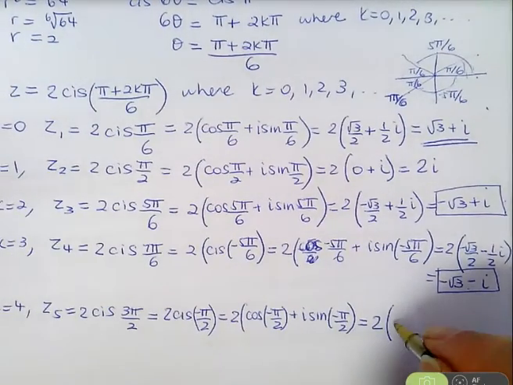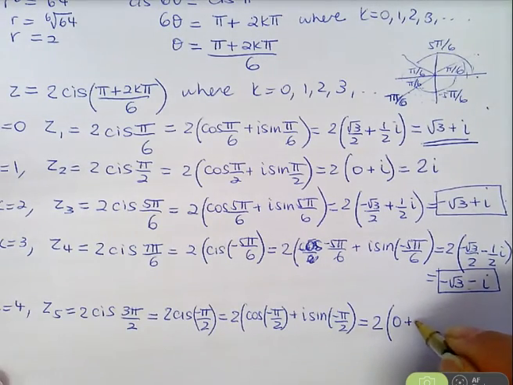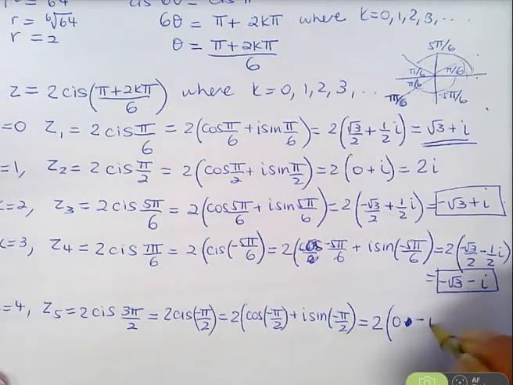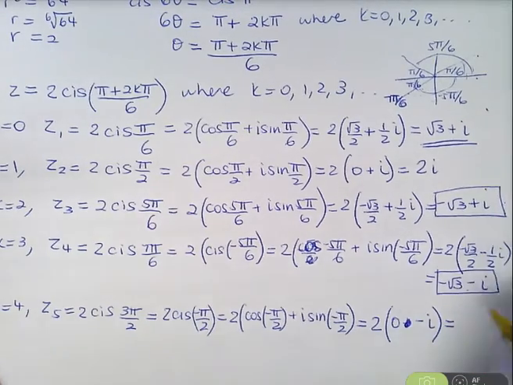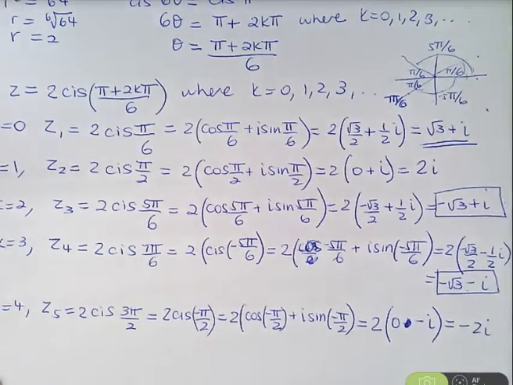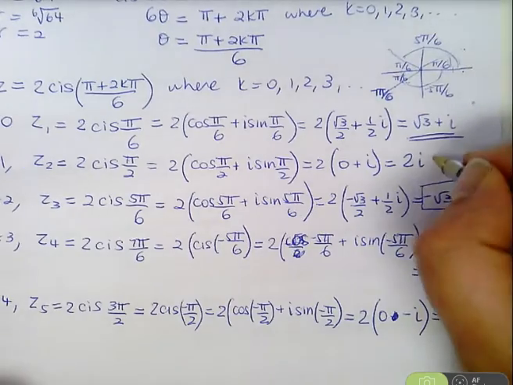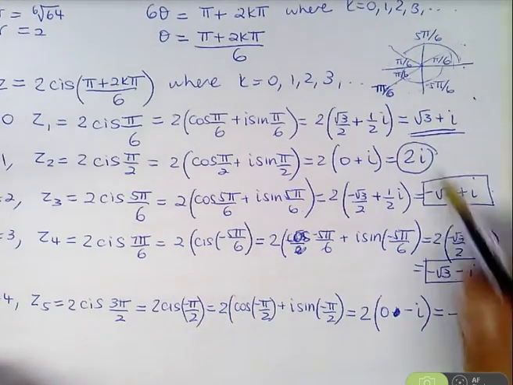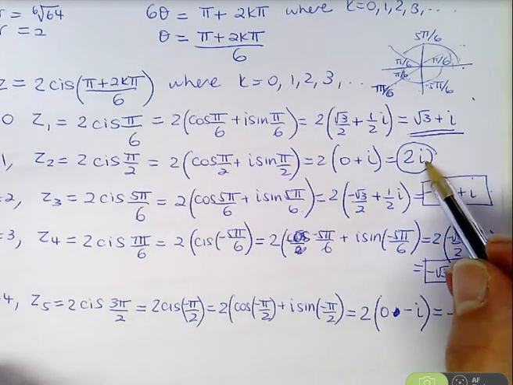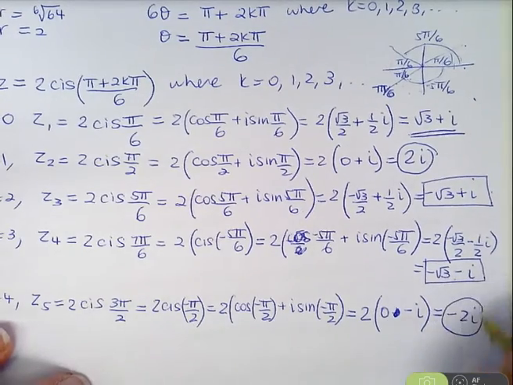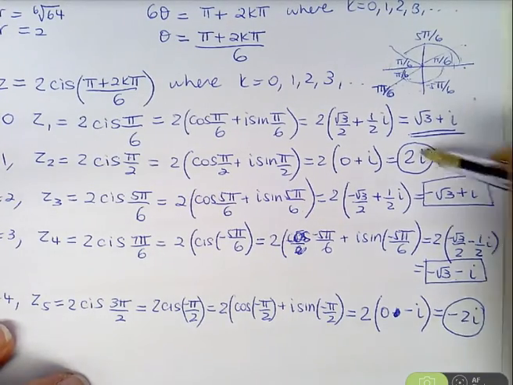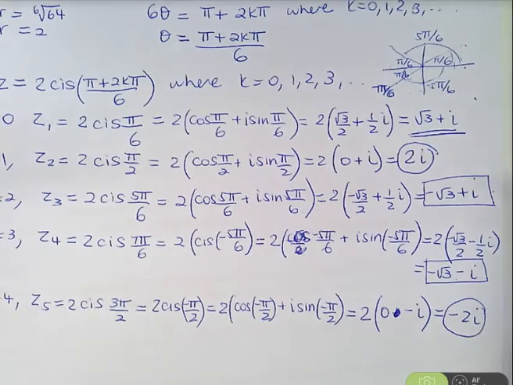So cos of minus pi on 2 is 0, and sine of minus pi on 2 is negative 1, so it's minus i. And notice we get negative 2i. Now notice, in circles, 2i is 0 plus 2i, minus 2i is 0 minus 2i, so the two complex roots that are circled are conjugate complex roots of each other.